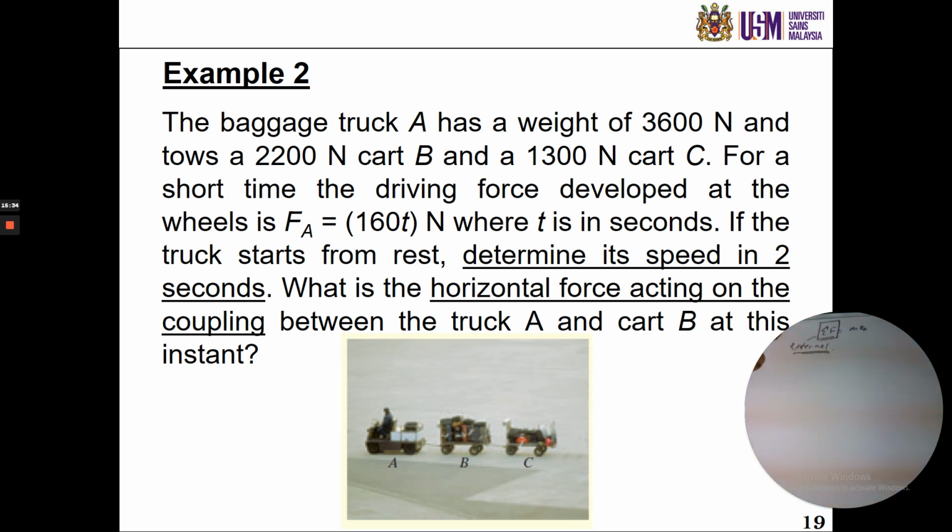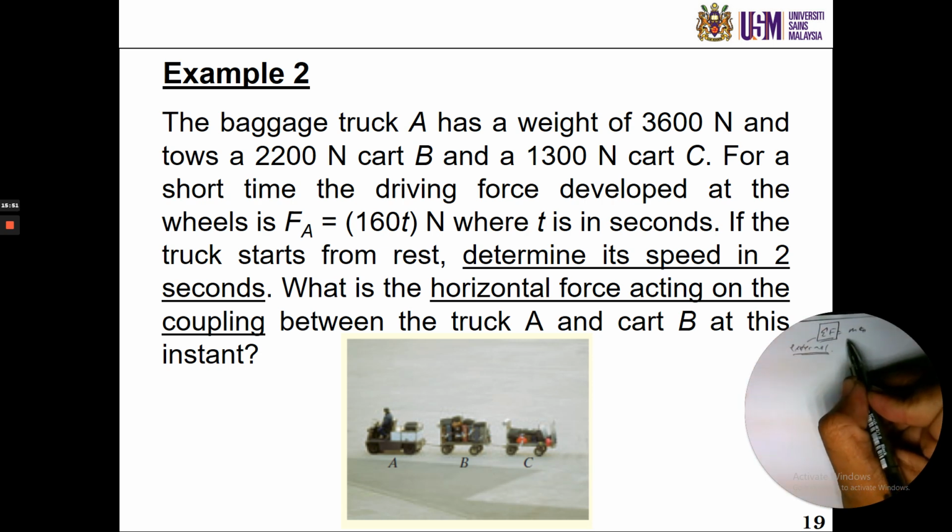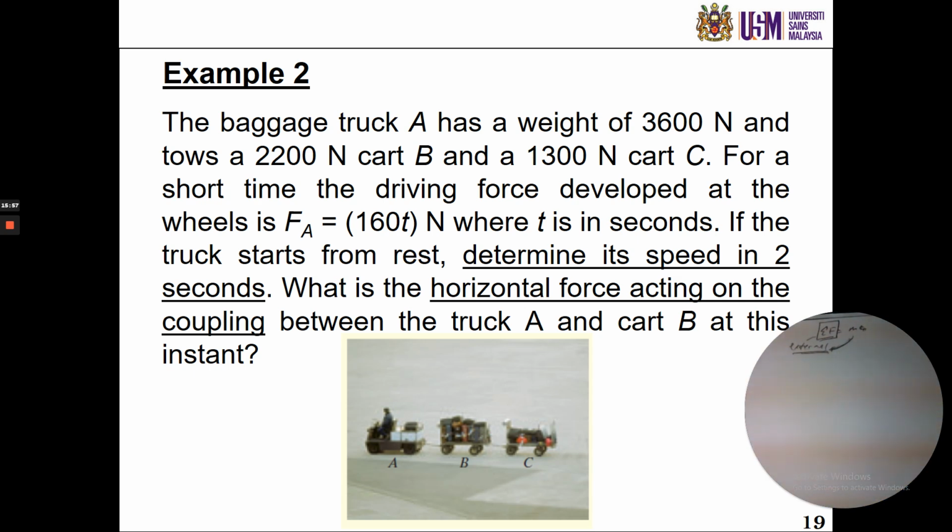What does it mean by external? By the name itself, the force applied is from an external source. And that means the mass here should relate to the mass applied by the external source.